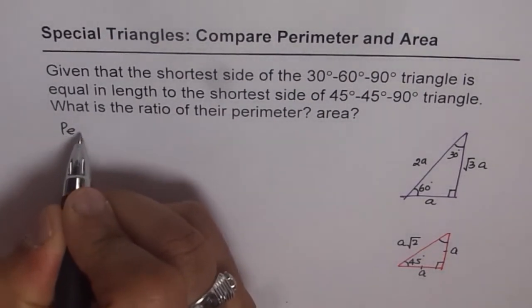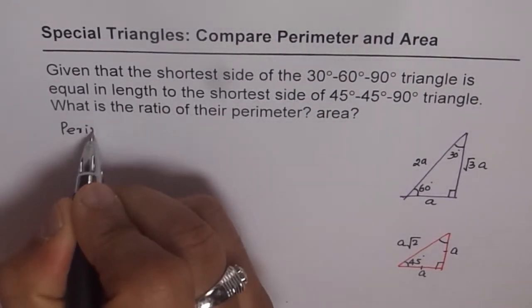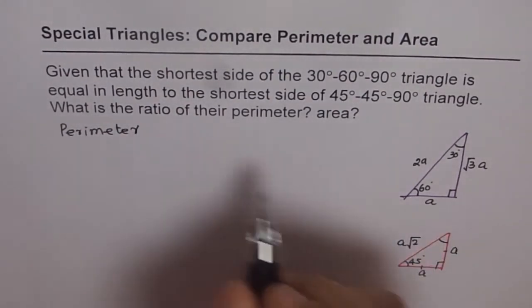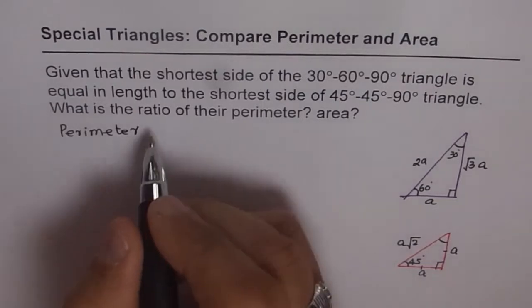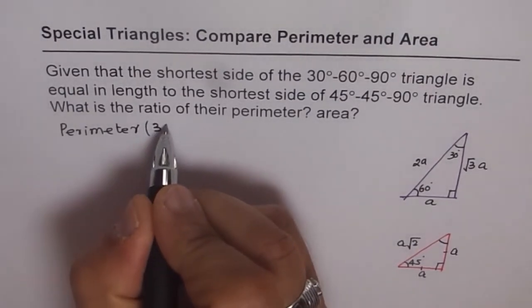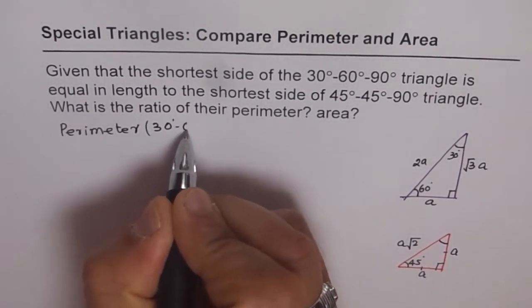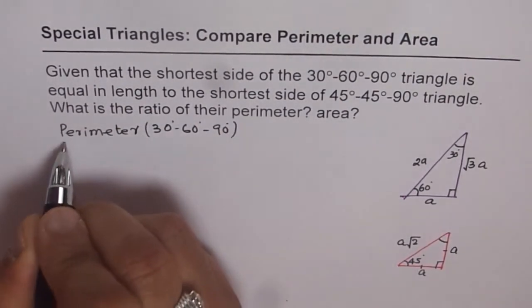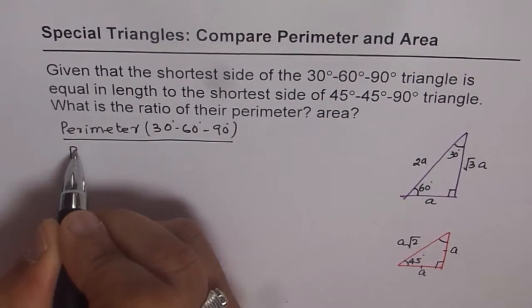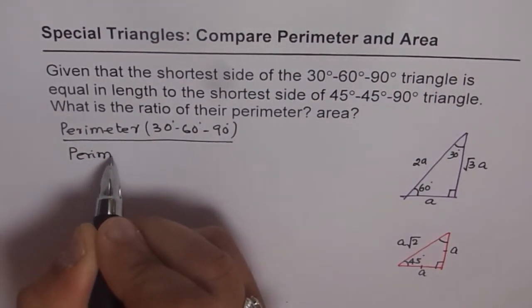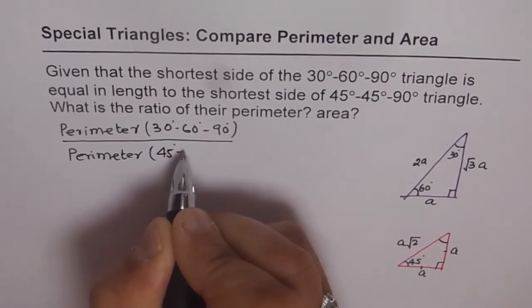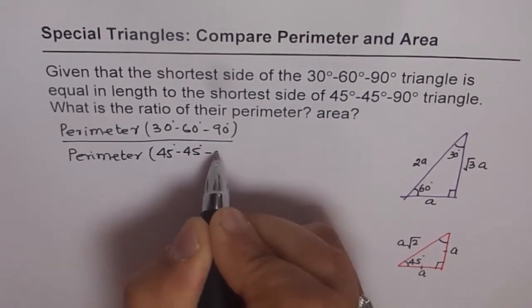So we do the perimeter for, let us say, the triangle with 30, 60, 90 degrees, over the perimeter of the 45, 45, 90 degrees triangle, right?